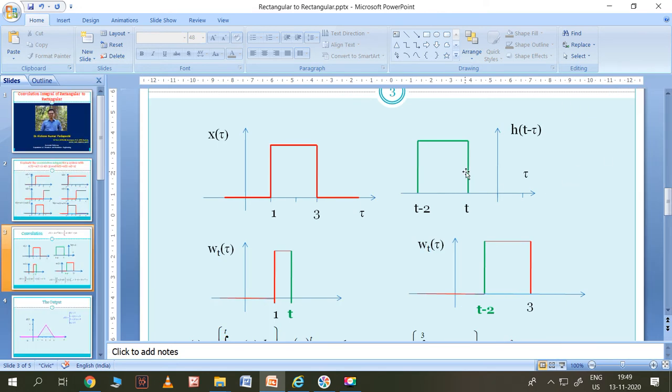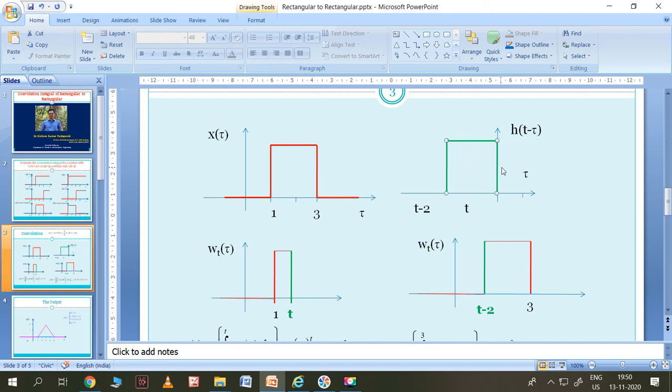In the previous case, this is h of tau. If I simply change h of t into h of tau, this part is h of tau. Now I don't want h of tau, I want h of t minus tau. So let me first convert this into h of minus tau. That means this will be like this, h of minus tau.